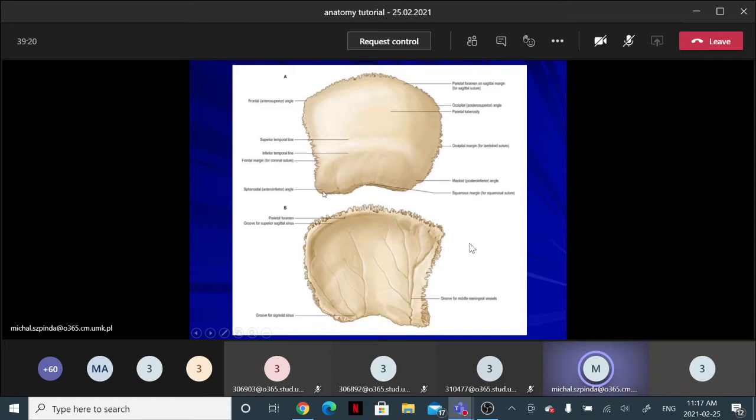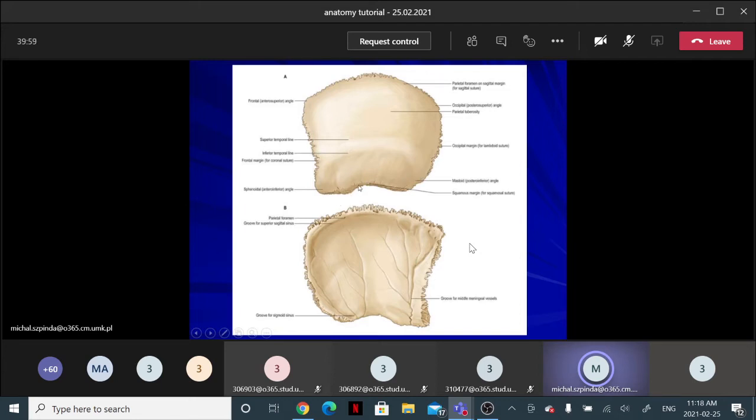This is the sphenoidal angle because it joins the greater wing of the sphenoid bone. On the exterior, we can see 2 lines that arch below the middle half of the parietal bone, the superior temporal line and the inferior temporal line.